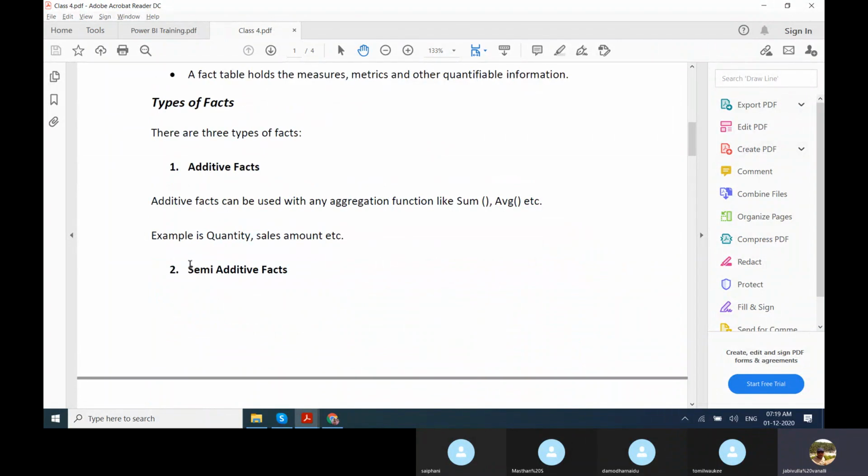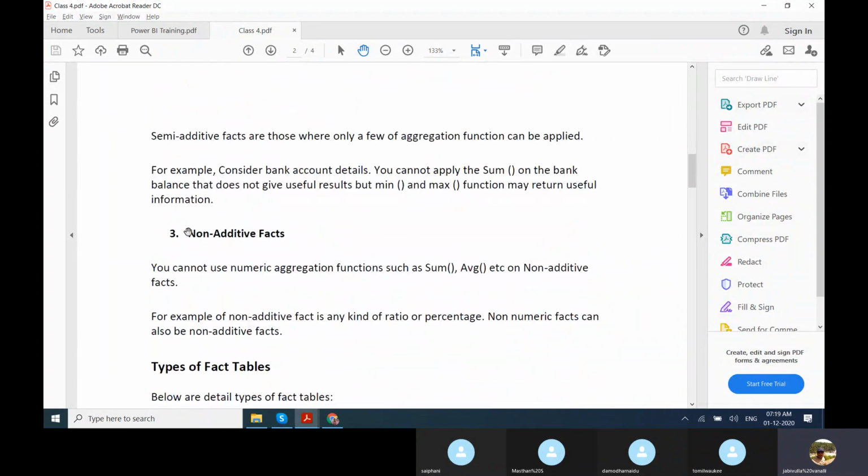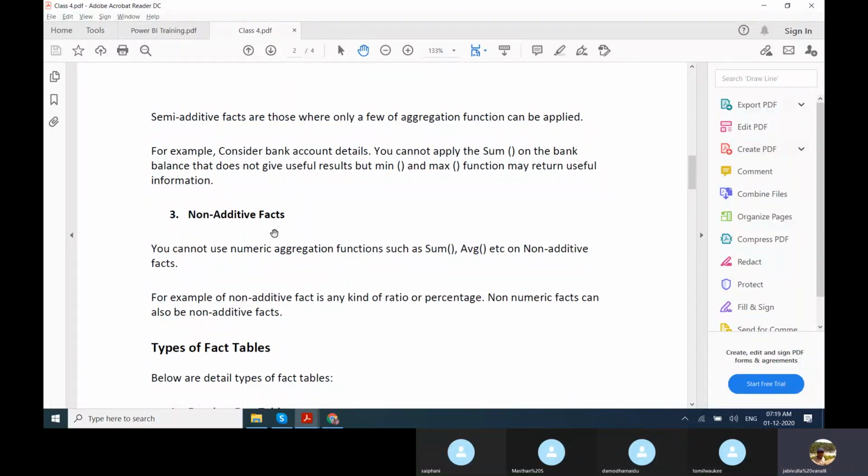The name itself says it: semi-additive facts and non-additive facts. With non-additive facts, you cannot use numeric aggregation functions such as sum, average, etc. For example, a non-additive fact is any kind of ratio or percentage.